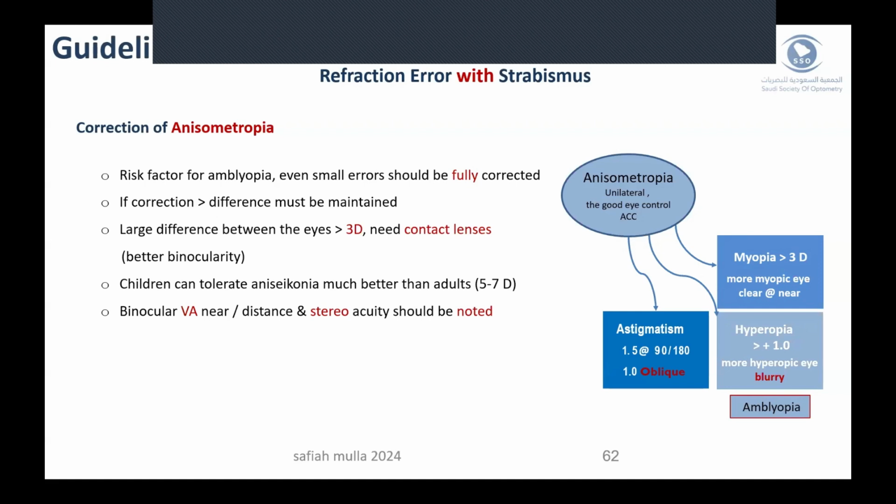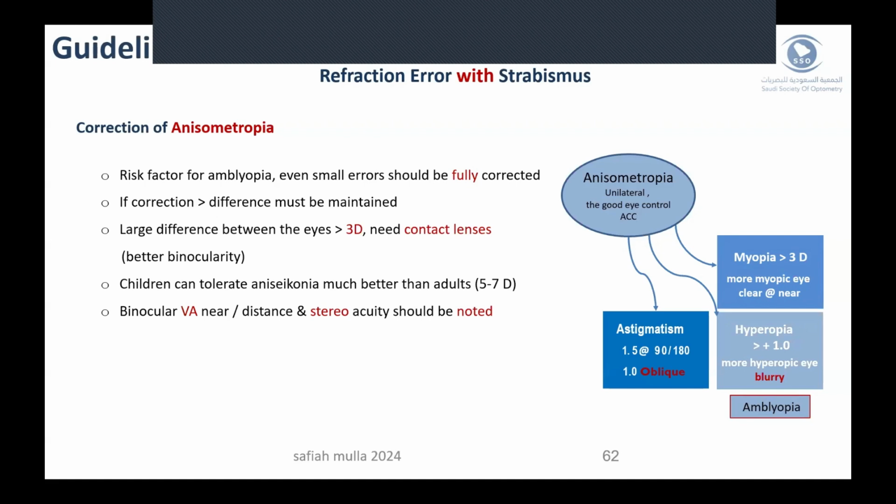Okay. Again, if the difference between the 2 eyes is more than 3 diopter, I think giving contact lenses for the child would be better because this will give him better binocularity. And don't be worried because children can tolerate aniseikonia much better than adults, up to 7.5 diopter. So if they have like a 7 diopter difference between the 2 eyes, they can tolerate that.